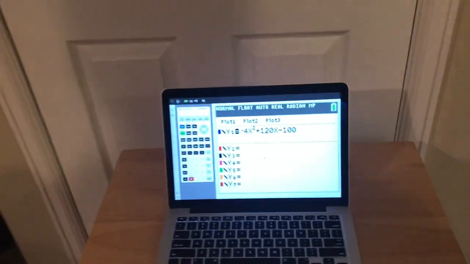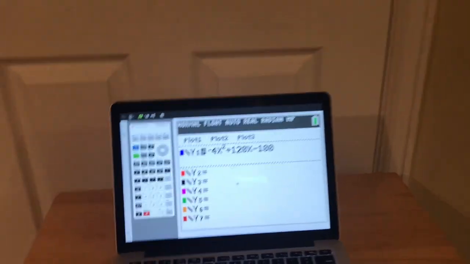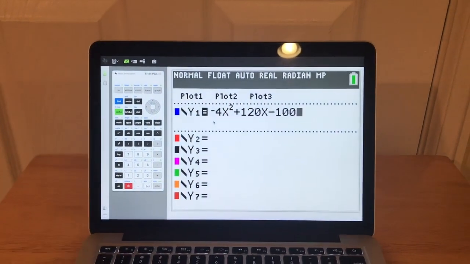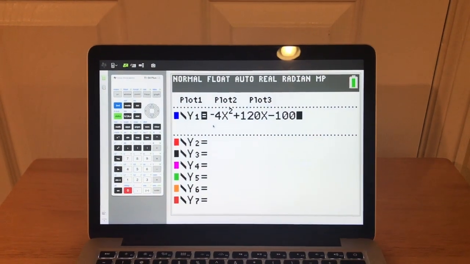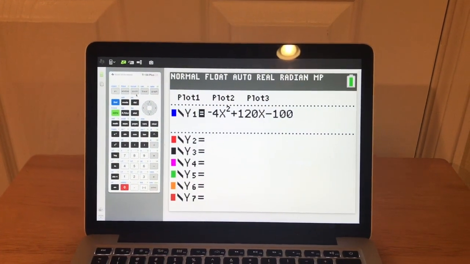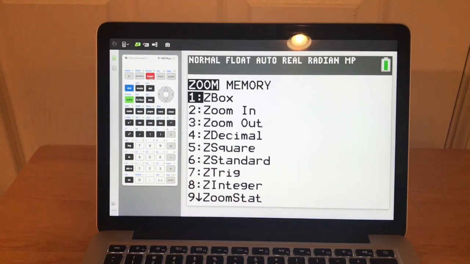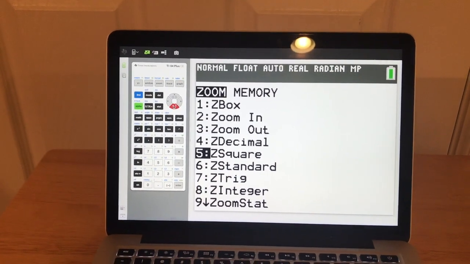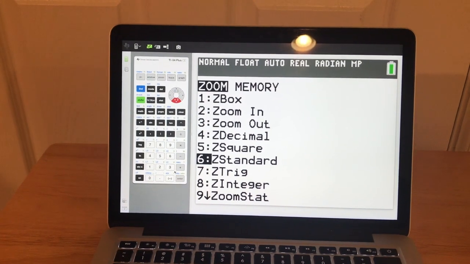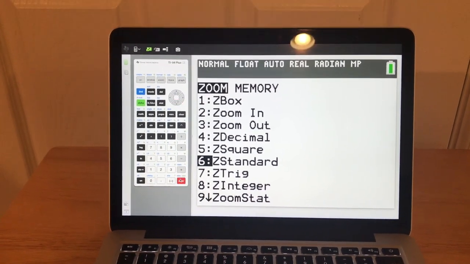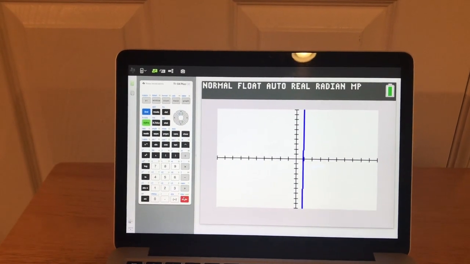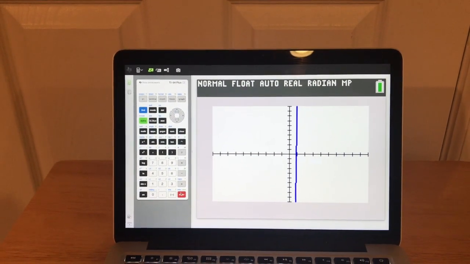I have typed in the function that we are looking at, negative 4x squared plus 120x minus 100. And if I go to Zoom and scroll down to Zoom Standard, and hit enter, then I get a really strange looking graph, but that's okay.